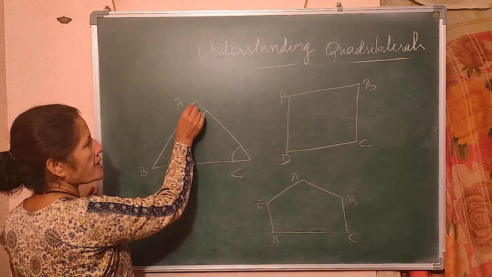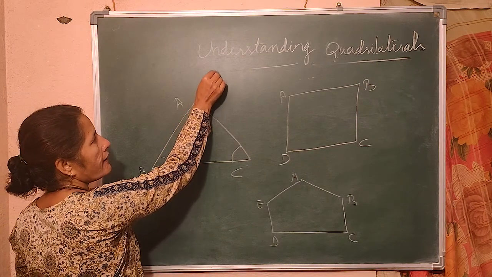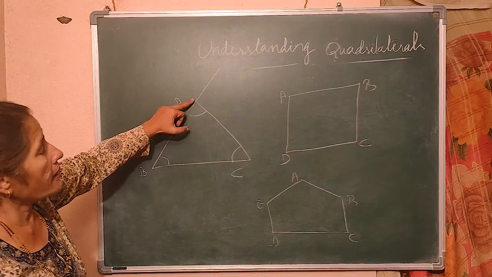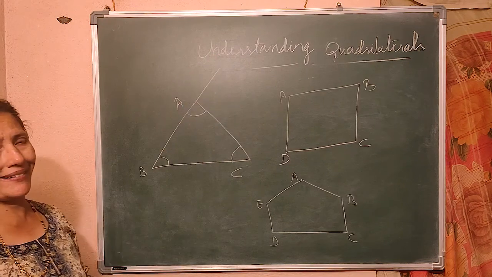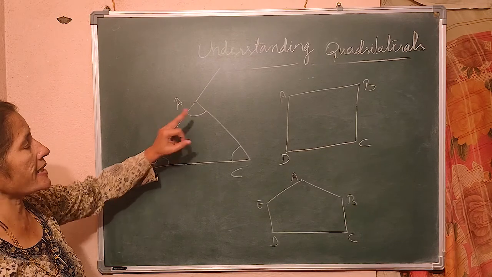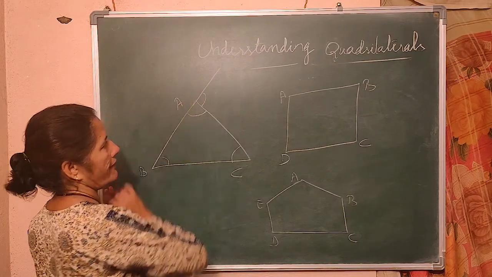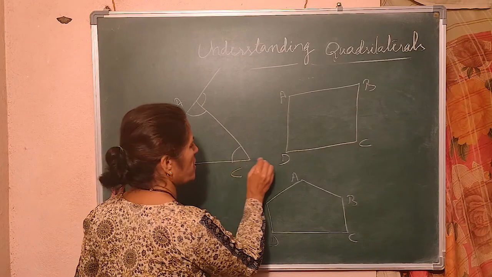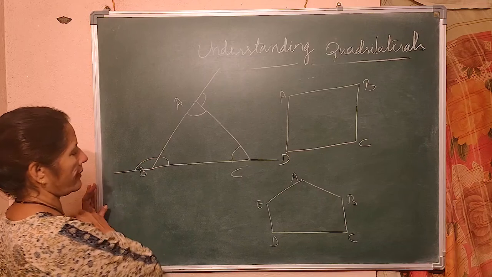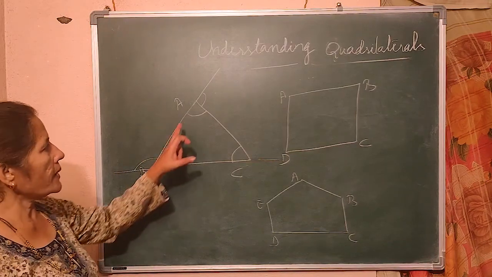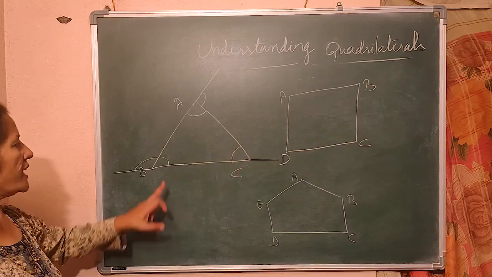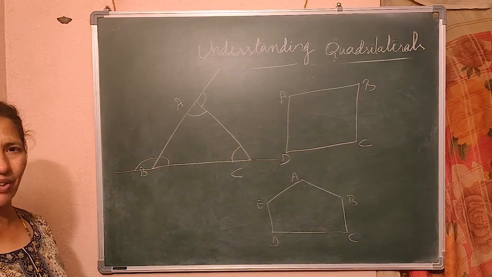Suppose I extend this line, right? Then I say it is an exterior angle. See here, exterior angle. I produce this line here, it is an exterior angle. You know, this plus this is 180, this plus this is 180, this plus this is 180, right?